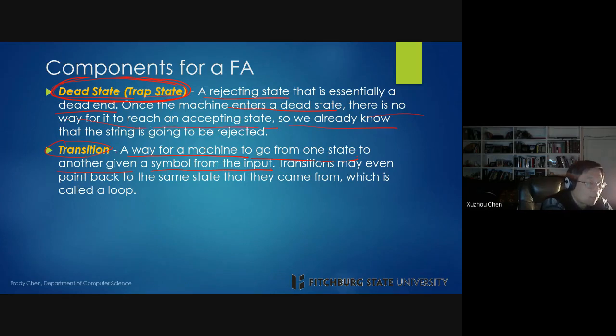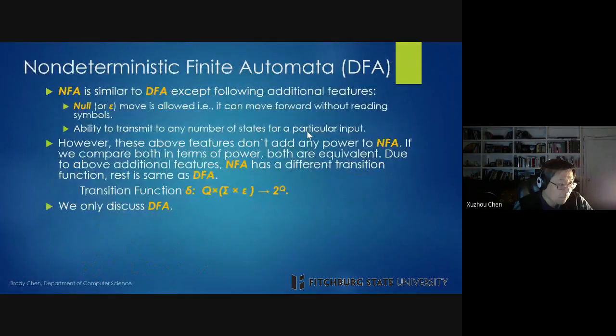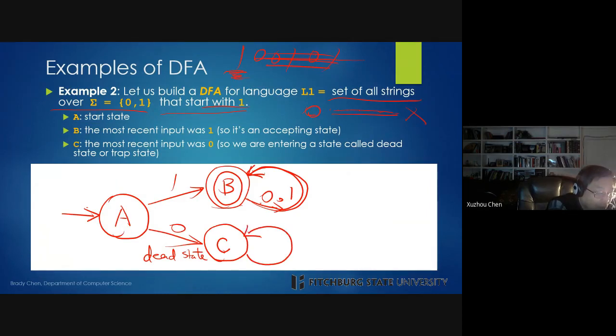So we're trapped. Okay. So we're gonna end up with a state C. That's called a dead state. No matter what the follow-up value is, it's always the dead state. Okay. So that's pretty simple, right?